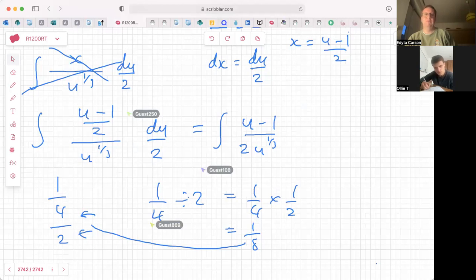So u minus 1 divided by 2, divided by u to the third, is the same as just multiplying those two together. And then times that by du over 2, there are 2 twos there.